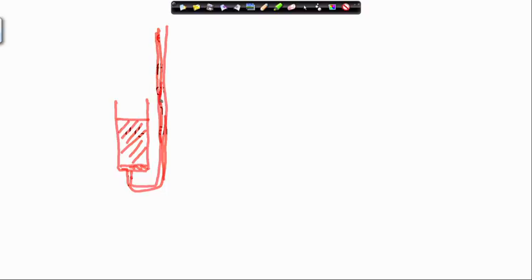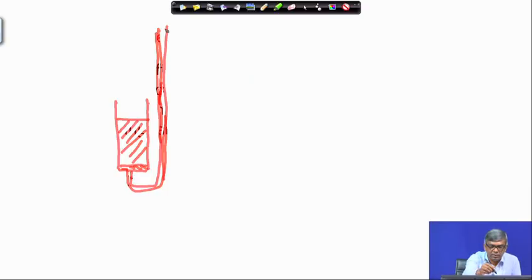So the standpipe is somewhere something like this, and water is kept here, and water is collected from here.